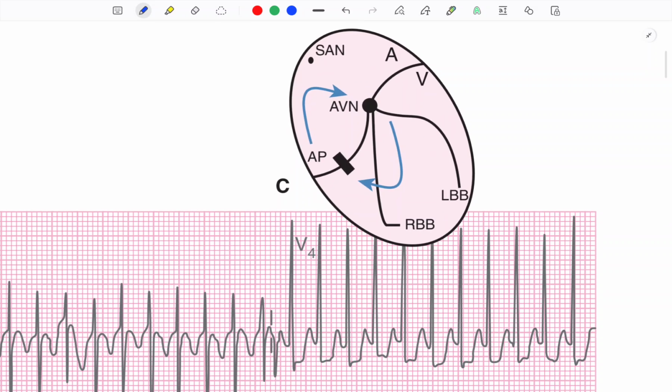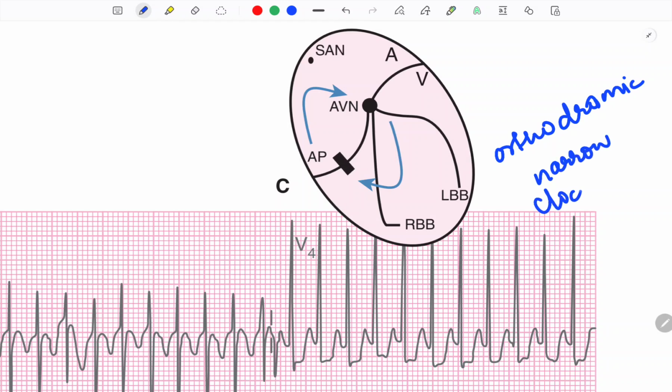So this is a narrow complex or orthodromic, means the conduction is going from the AV node to the accessory pathway, then circling. Basically orthodromic is narrow and it is clockwise.